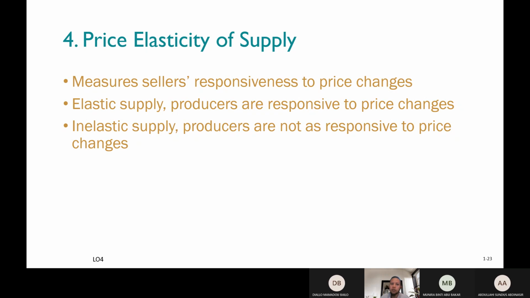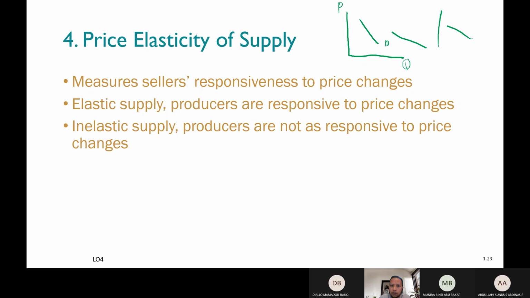Okay, so let me continue to price elasticity of supply. Demand just now looks at the demand curve. The demand curve is this. It can be elastic or inelastic, and it can be illustrated on the graph through the different slopes that it has. So demand can look like this, it can look like this.